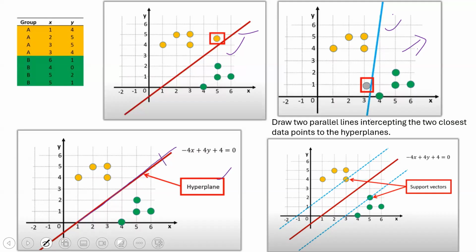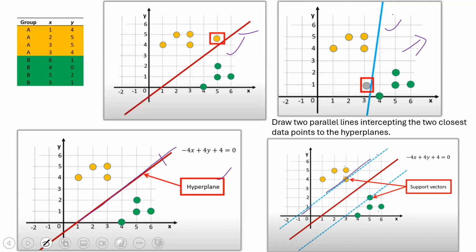Now we have a data set given to us, and what I'm trying to do is draw two parallel lines intercepting the two closest data points in the two classes.